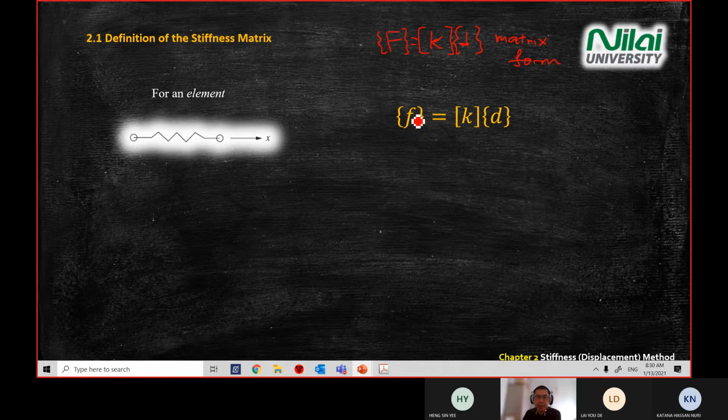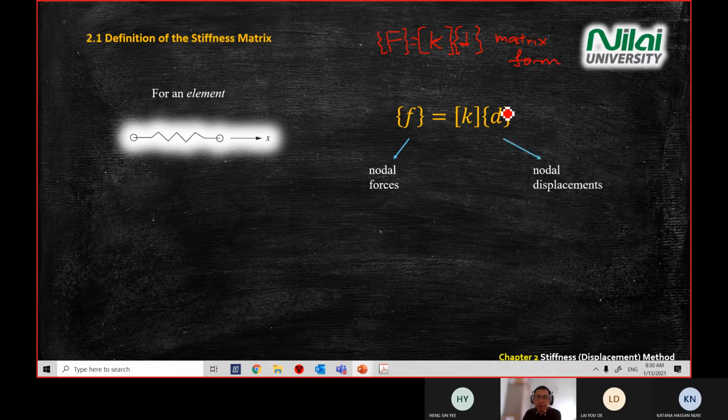You use a small letter f, small letter k, and d to represent that you are calculating an element. If you use a small f, it means you are analyzing an element at a nodal dimension, at a point dimension.